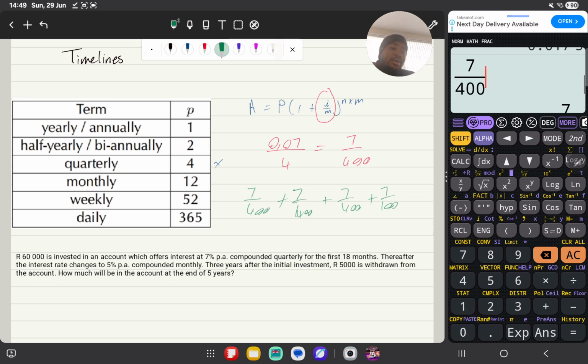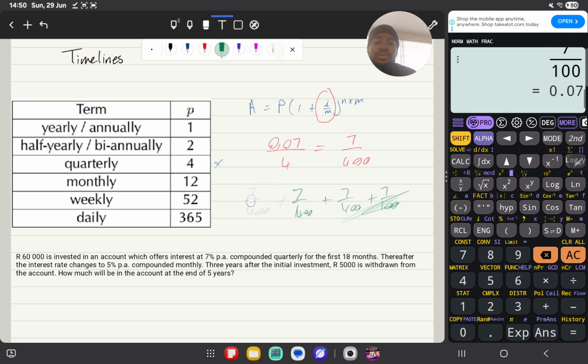I can just say multiply, but I'll go with the pluses. You see what we get? We get 7 over 100, which is 0.07, which is exactly 7%. So in a year, the interest we get is 7%.